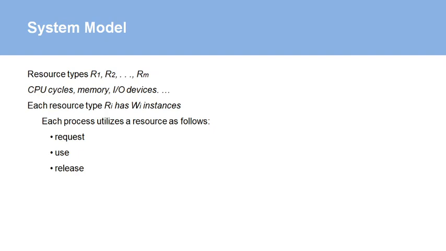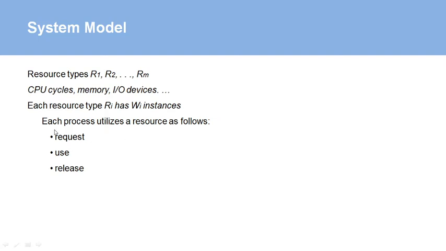Deadlock system model. In the deadlock system model, the resources are represented in the form R1 to Rm. Resources can be CPU cycles, memory, or input and output devices. Each resource type Ri has Wi instances.